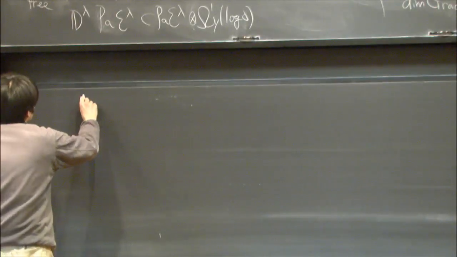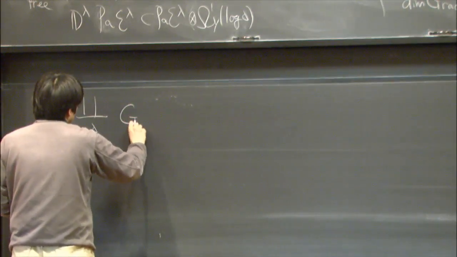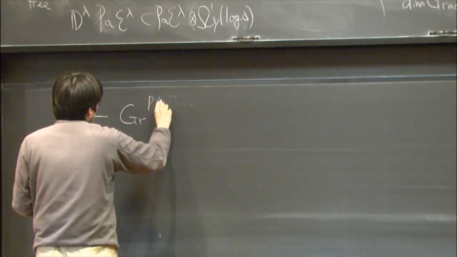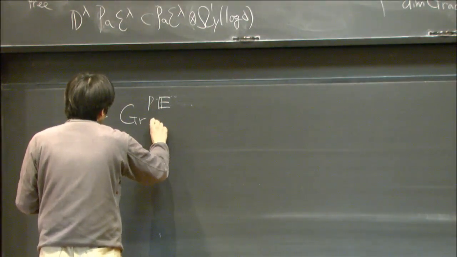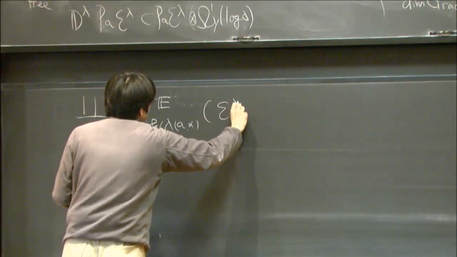So we consider group P E lambda A alpha E lambda.